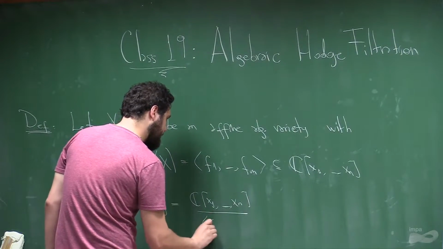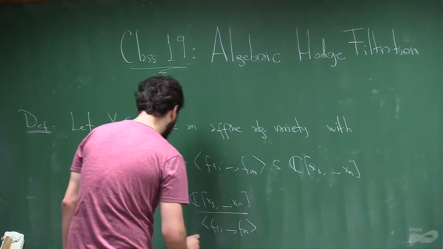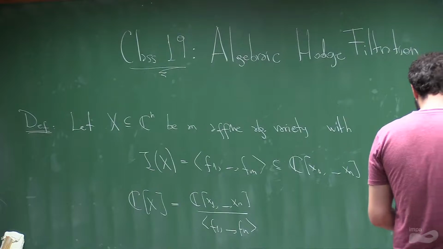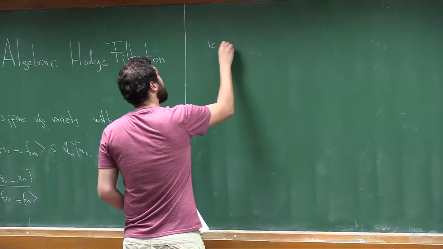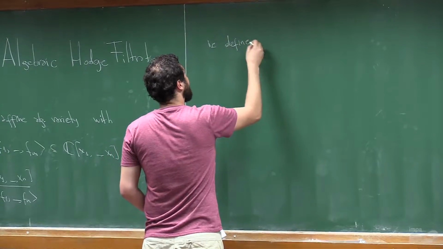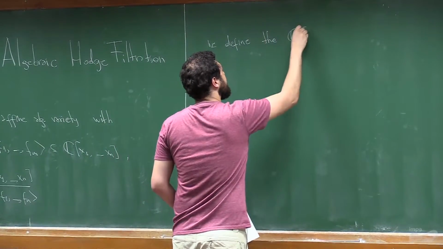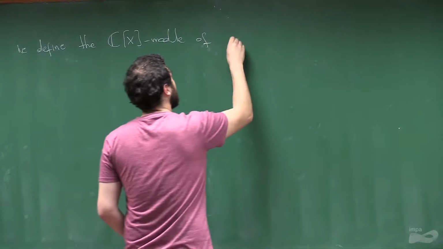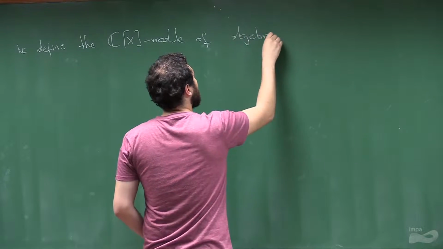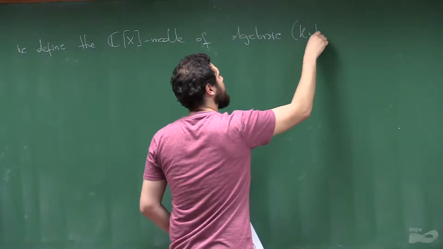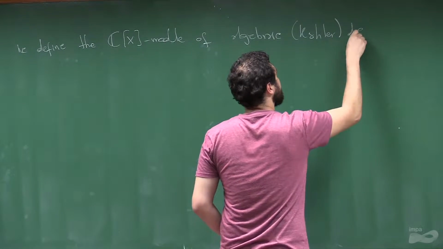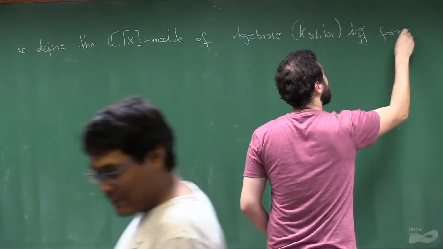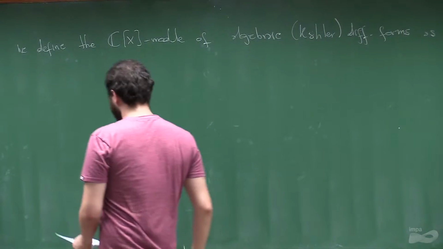And our algebraic differential forms, also called Kähler differential forms, are the following. So we define the C[X]-module of algebraic or Kähler differential forms as the following module.